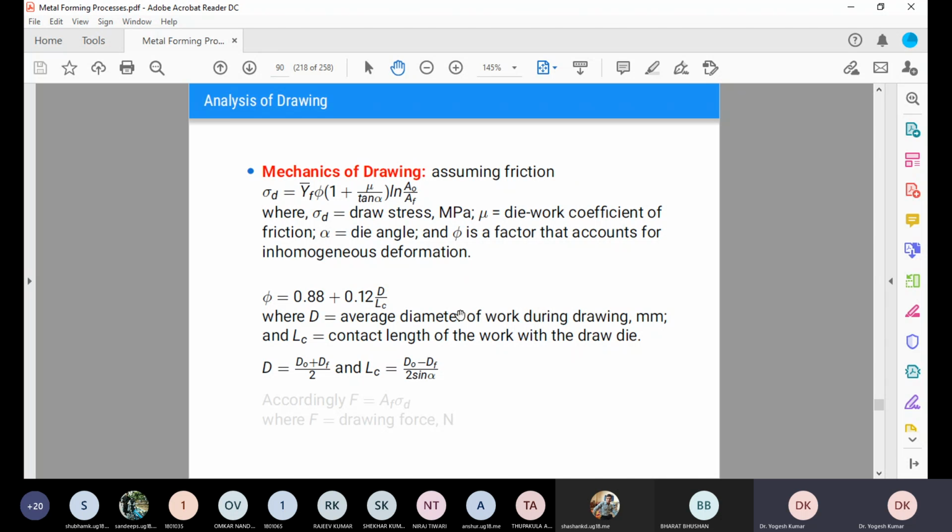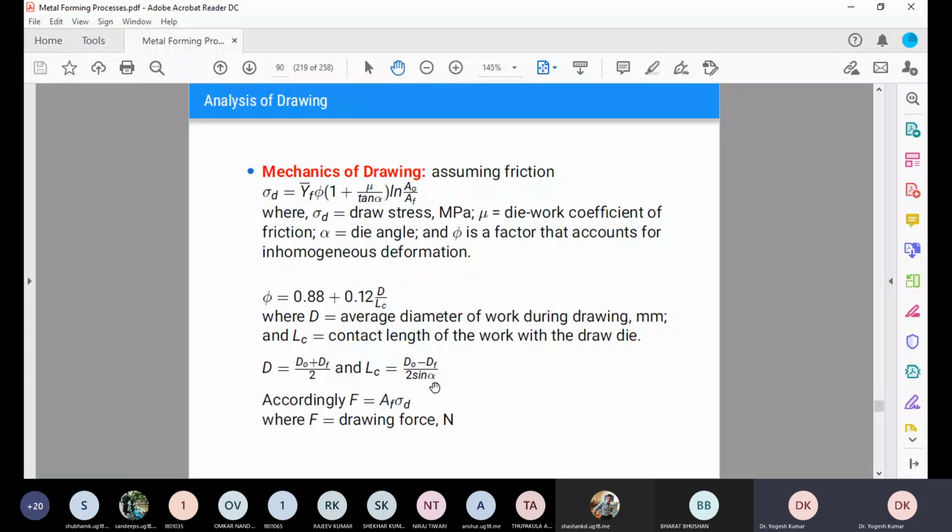Here you can calculate average diameter as d equal to (do plus df) upon 2, and contact length may be calculated as lc equal to (do minus df) upon 2 sin alpha.